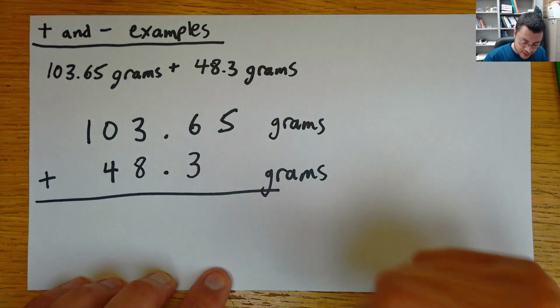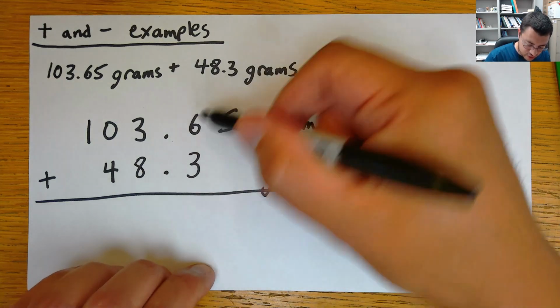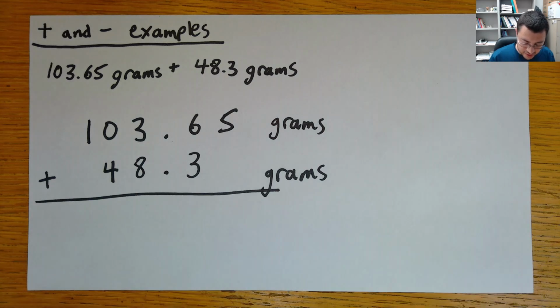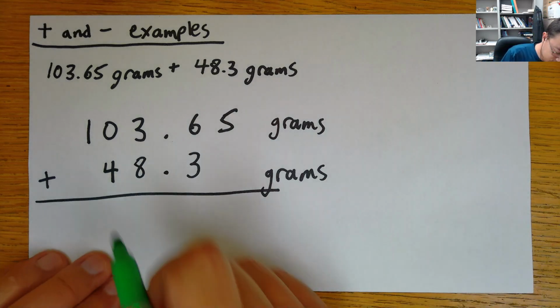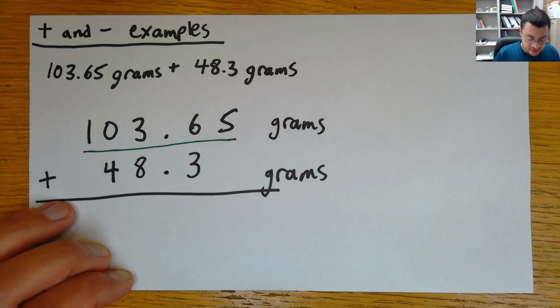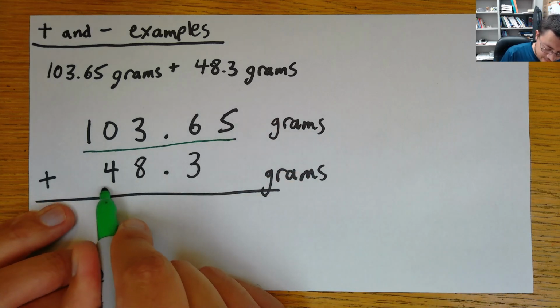Okay, so what I like to do is I like to draw a line here, right, where that precision ends. Some people like to underline. I do this sometimes. I like to underline all my significant digits. This is definitely optional. And then I'm going to do the same here.